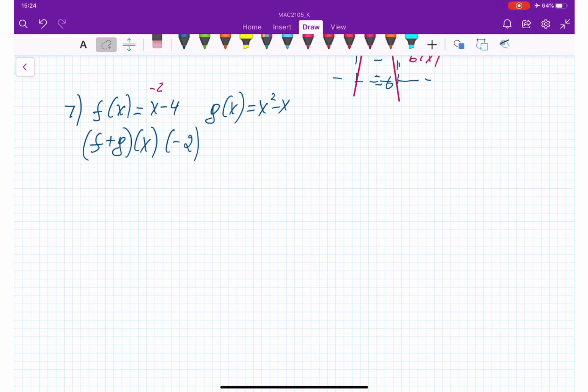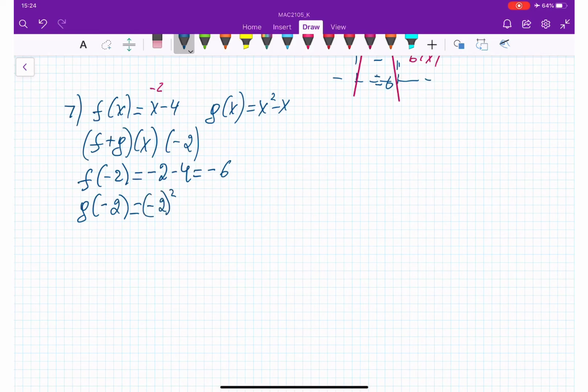So f of -2 is equal to -2 minus 4, which is -6. Okay, g of -2 is equal to -2 squared minus -2.